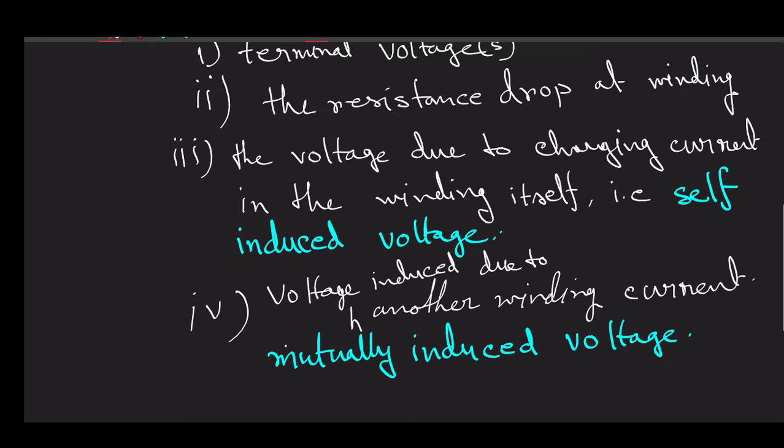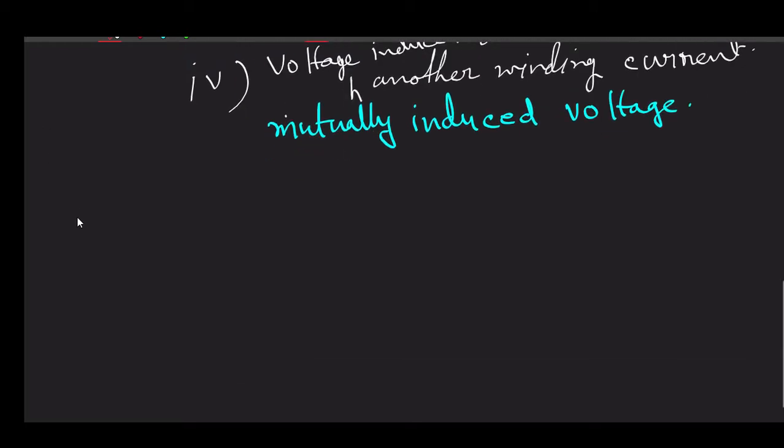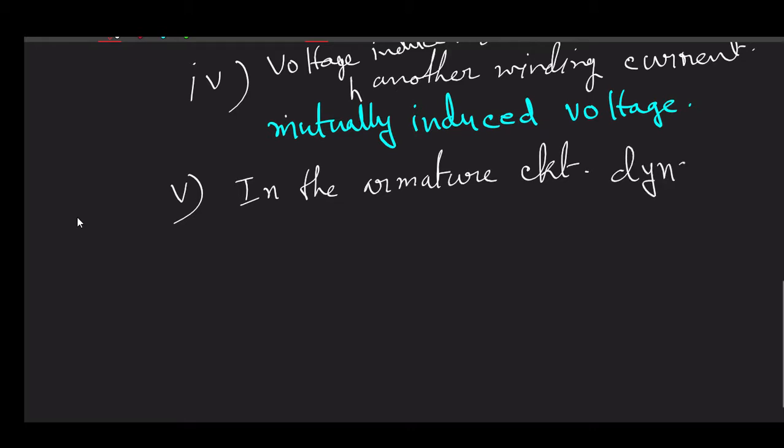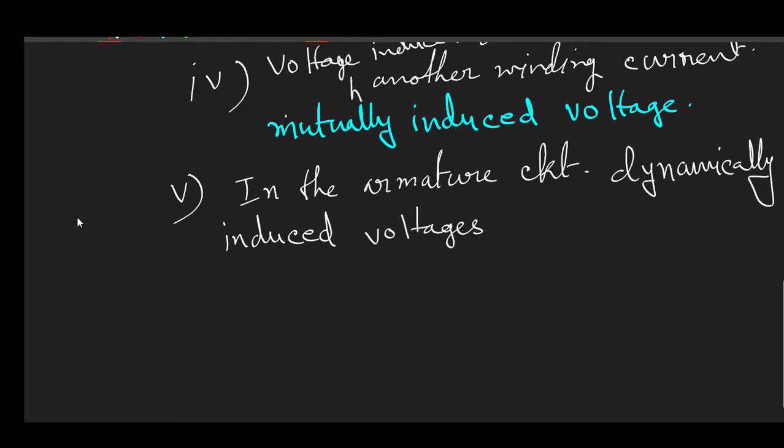Then what else can we have? In the armature circuit, there will be dynamically induced voltages.